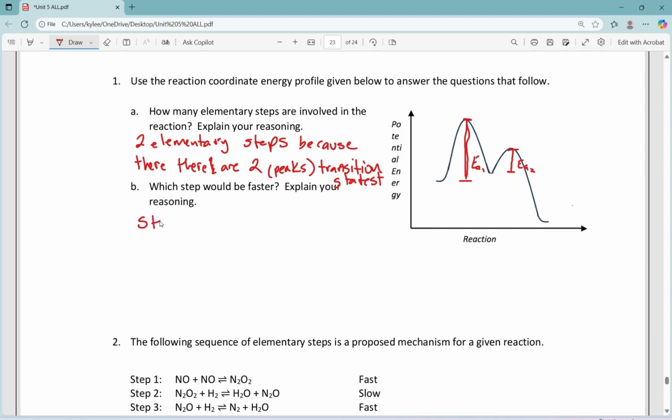So I would say remember, a fast step means lower activation energy. So that means that step 2 would be faster. And the reason I know that is because it has a lower activation energy.